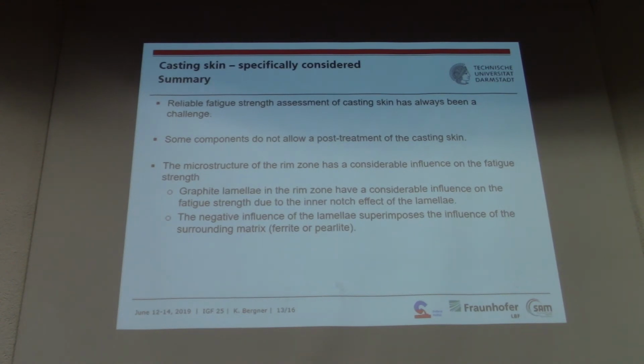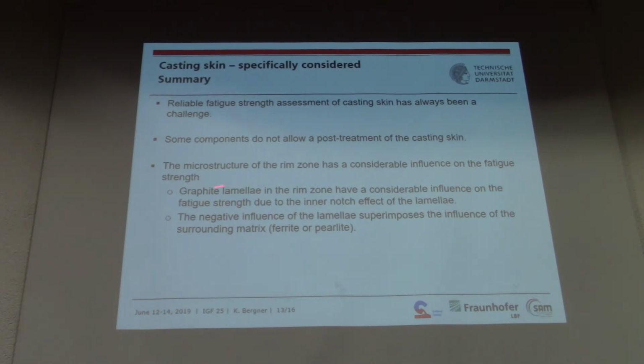Just to summarize my presentation, I tried to show you some information and some results of the research project where we try to gather information about the special characteristics of the casting skin and the reduction on the fatigue life and the allowable stresses on nodular cast iron.